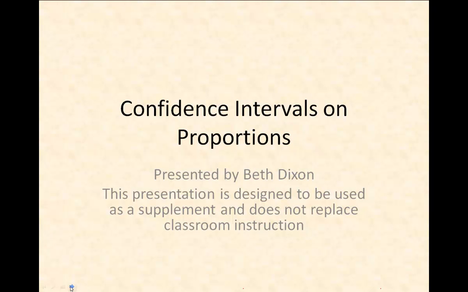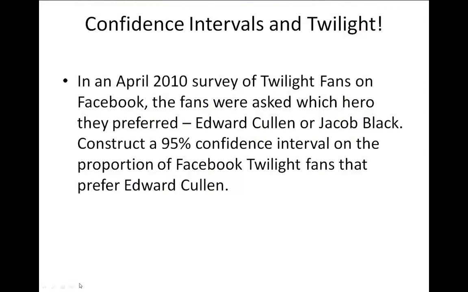Let's look at a confidence interval based on the popular movie Twilight. In April of 2010, there was a survey on Facebook about Twilight, and the fans on my Facebook were asked which hero they preferred, Edward Cullen or Jacob Black.